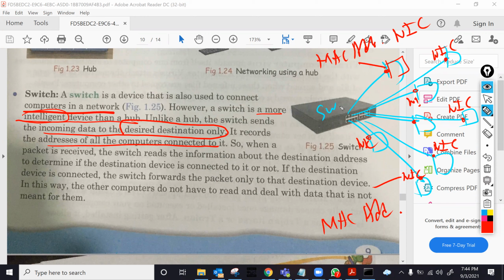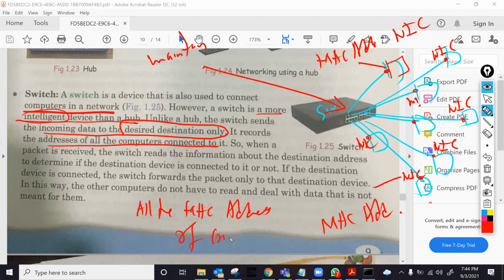Because this switch is an intelligent and manageable device, it maintains all the MAC addresses of the computers. Once the data comes, it checks the MAC address and sends only to that particular MAC address.